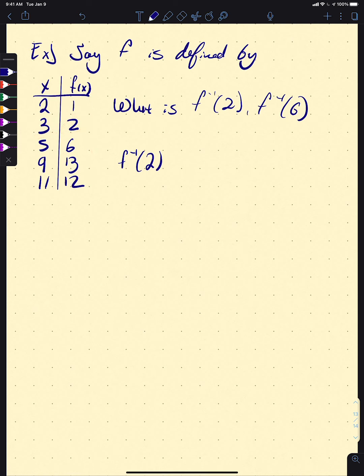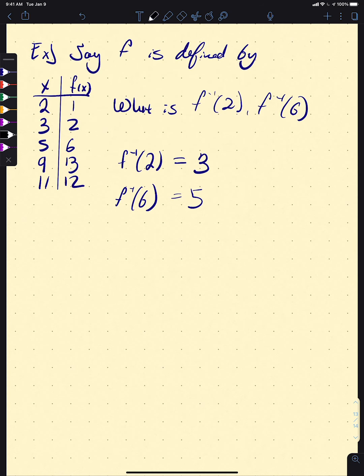Well, 3 maps to 2, so the inverse function at 2 returns the value 3. Same thing for f inverse of 6. We can look at where we map to 6 and look at what maps there. So it would look to me like that would be 5.